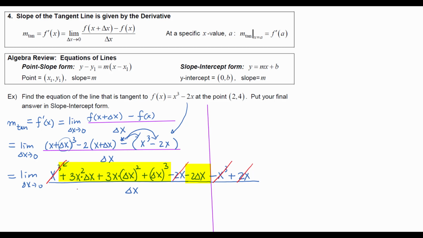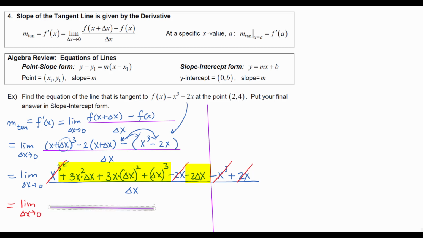So that's no good. The special technique we learned from chapter 1 in this case was, hopefully we can factor out the common factor that will cancel, so we could substitute 0 for delta x at the end to calculate the limit. So we are going to factor out the delta x from the numerator, as delta x approaches 0.